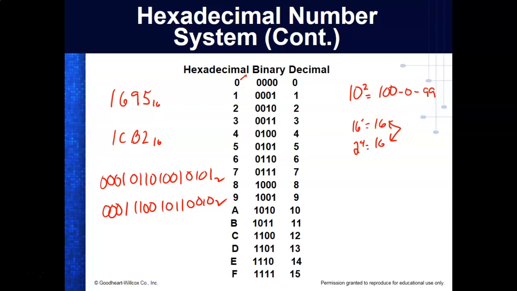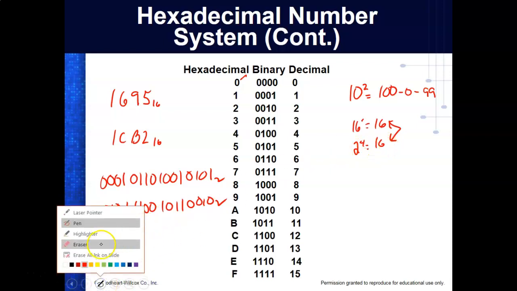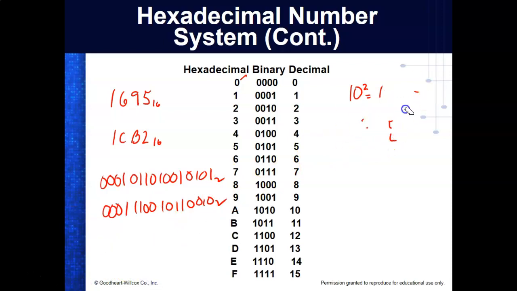Each digit of hex has 16 combinations. 4 bits of binary has 16 combinations. So what that means is I can use 4 bits of binary to represent each hex digit. So all you have to do to go between binary and hexadecimal is memorize that chart right there.